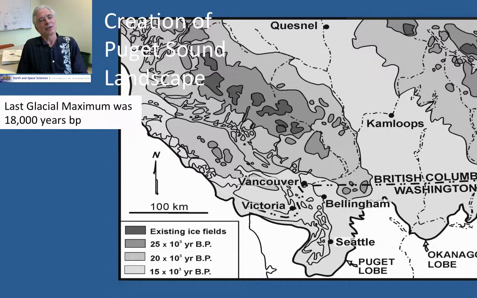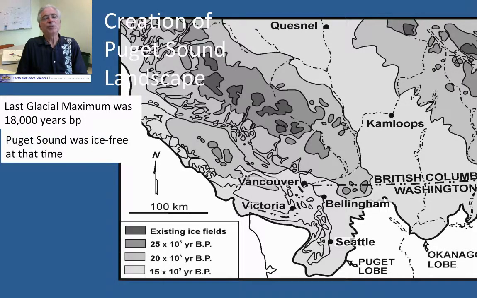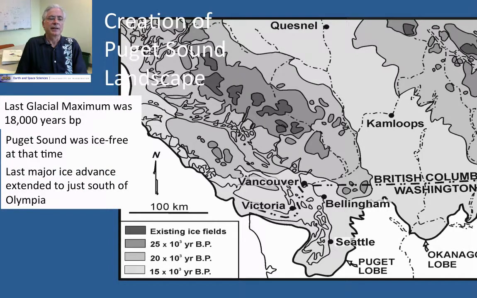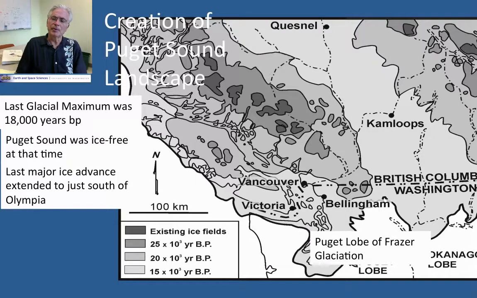Let's see, glacial max was 18,000 years ago, but Puget Sound was ice-free 18,000 years ago. The last major advance of ice in our area went down to just south of Olympia, and it's described as the Puget Lobe of the Fraser glaciation.